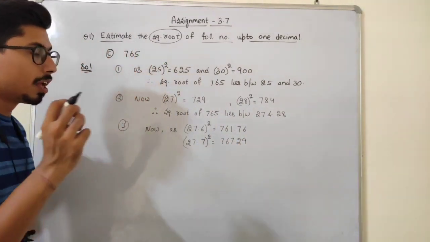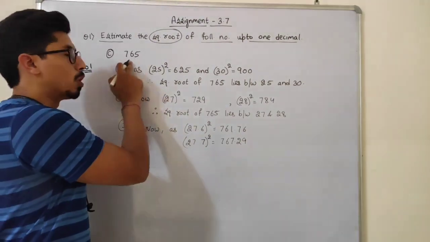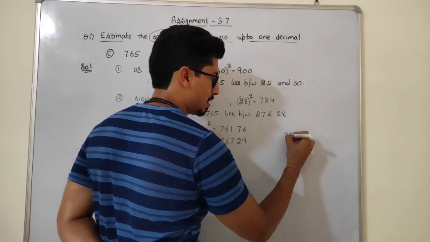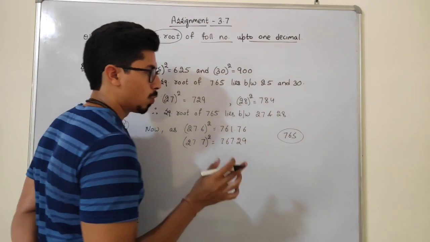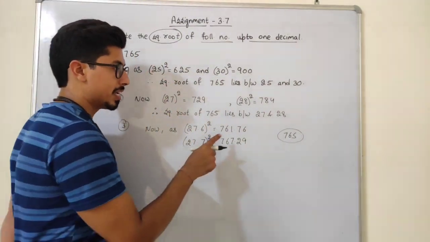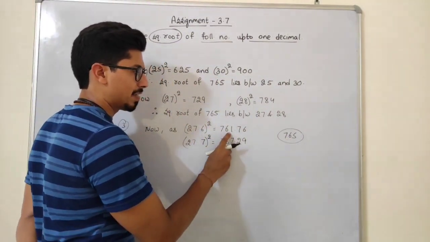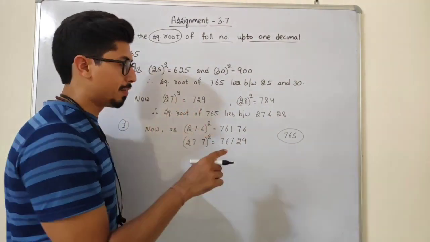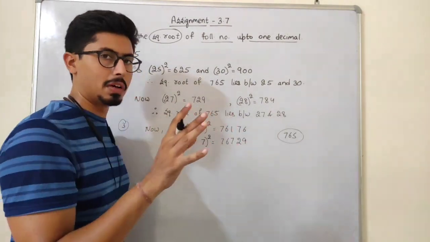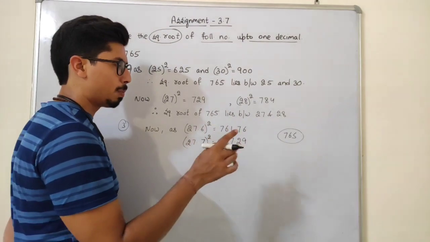Okay, now see one thing, students, we want 765. Now you can clearly see this. See, 765 and 761, the difference is about 3.3.